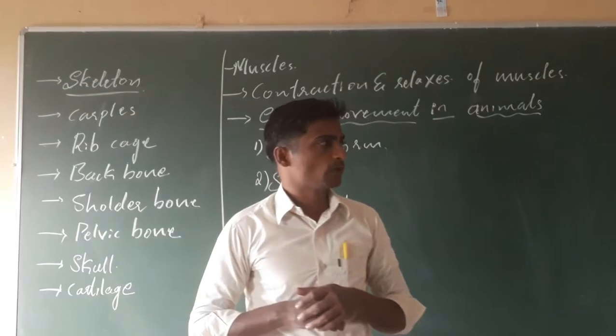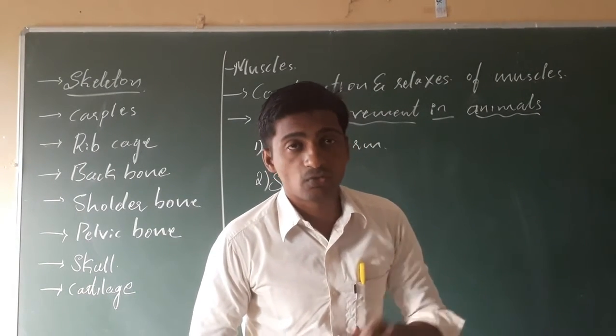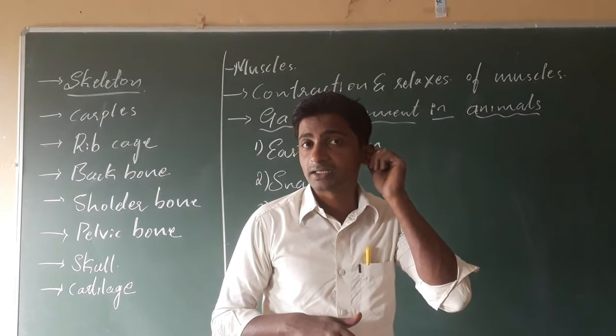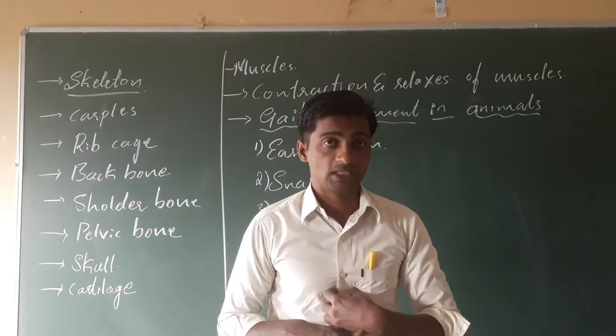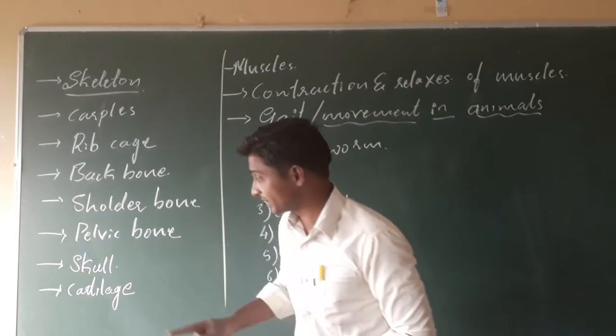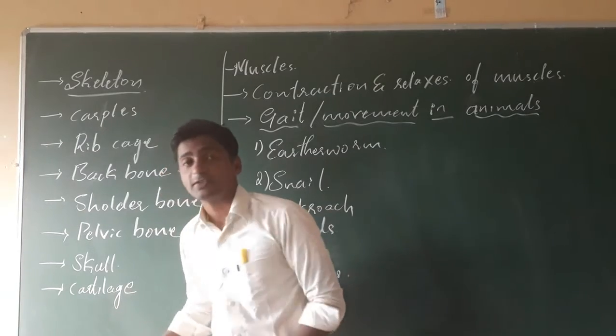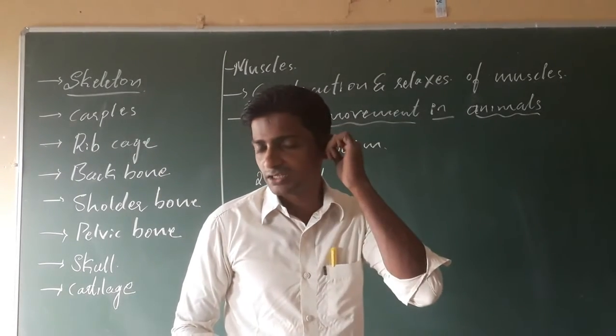These soft bones are called cartilage, which is present in the ear, the nose, and the trachea. Later we will study the air pipe, which is made up of cartilage. Cartilage means soft bones of the body, mainly seen in the ear.